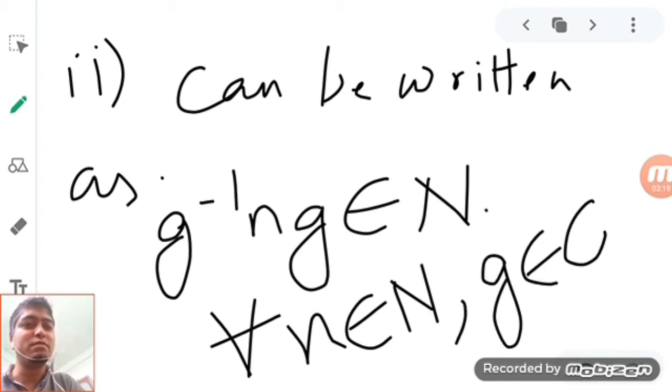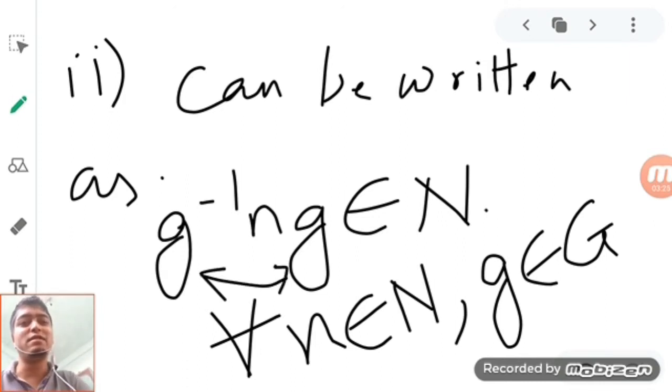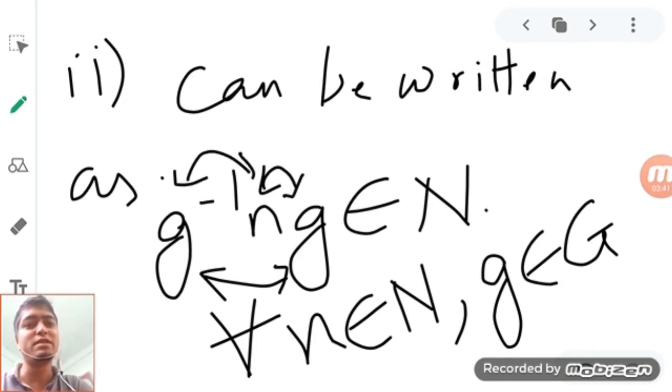So condition 2 can also be written in this way. We can interchange this, it doesn't matter, the condition still holds. Do not worry, we will do a proof for this, why we can interchange. But n and g, you have to be very careful. Similarly, n with g inverse, to interchange, you have to be really careful.